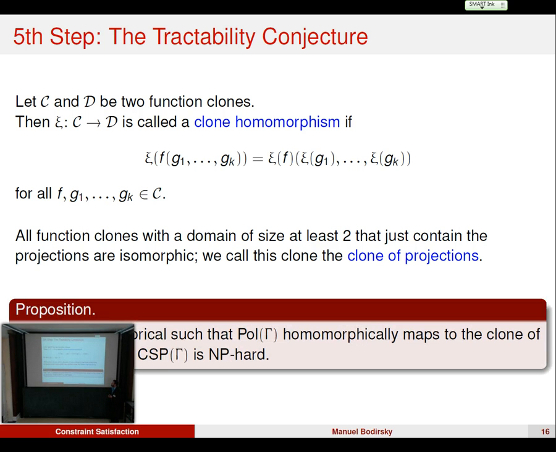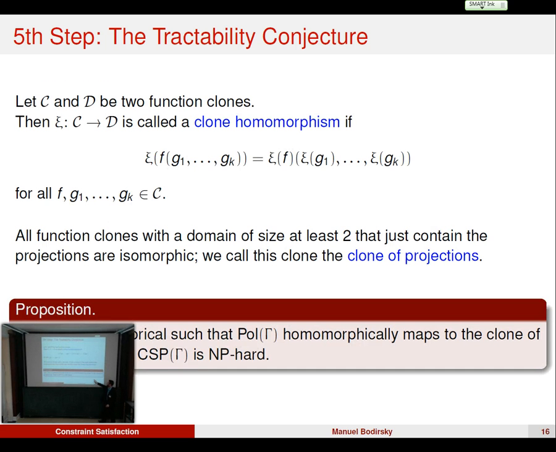Now, our most powerful tool to prove that a CSP is hard is by exhibiting a homomorphism from the polymorphism clone to the clone of projections. If you are able to do that, then we know the CSP of Gamma is, oh, sorry, this should be continuously.